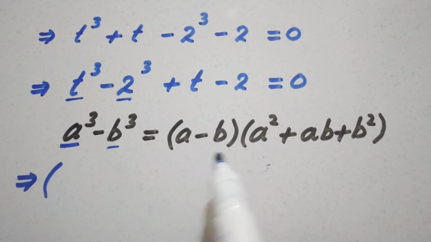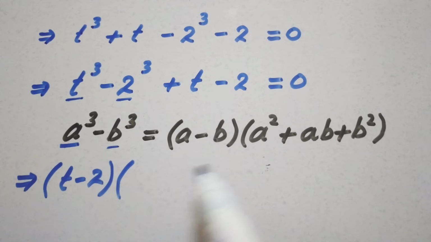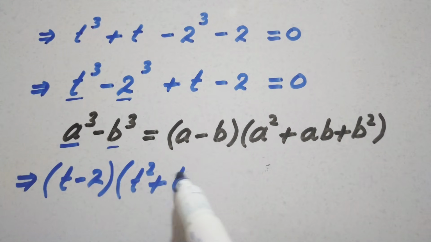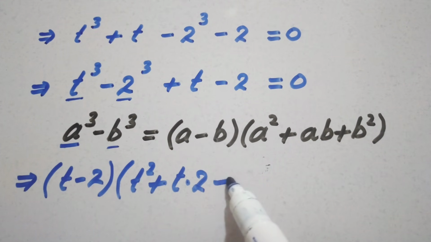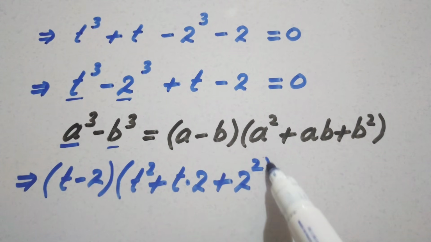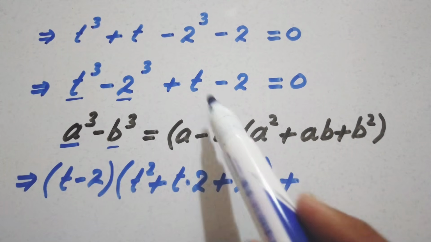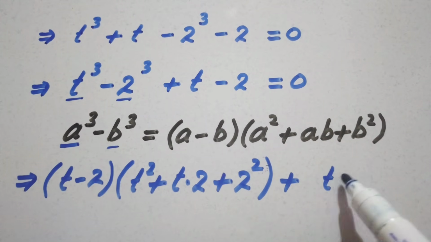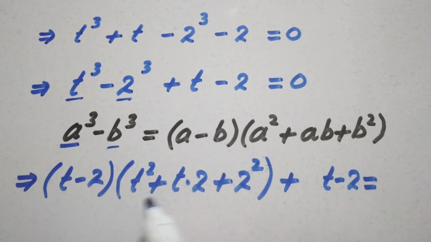So by using this identity, t minus 2 into t squared plus t into 2 plus 2 squared, plus t minus 2, and the whole thing is equal to 0.